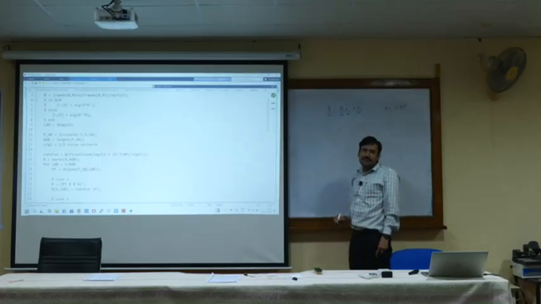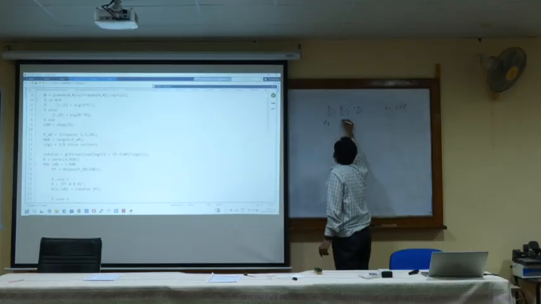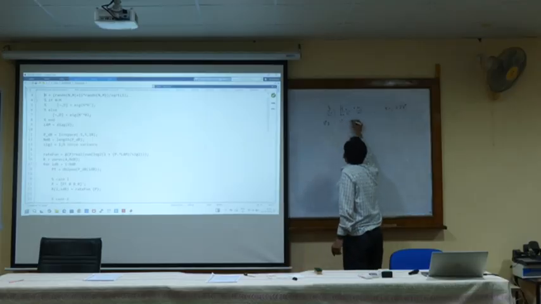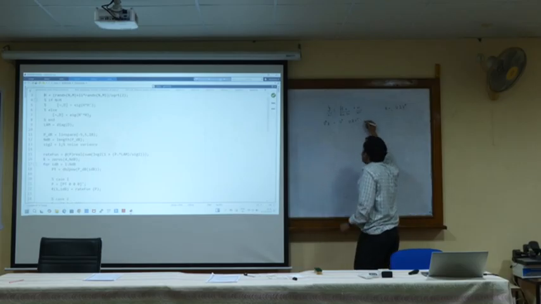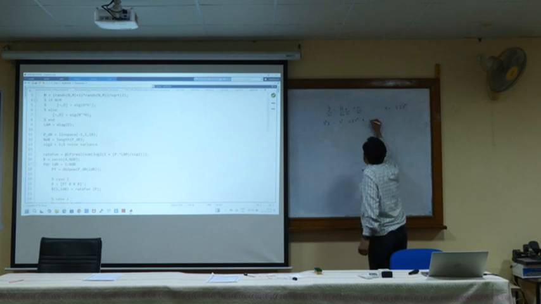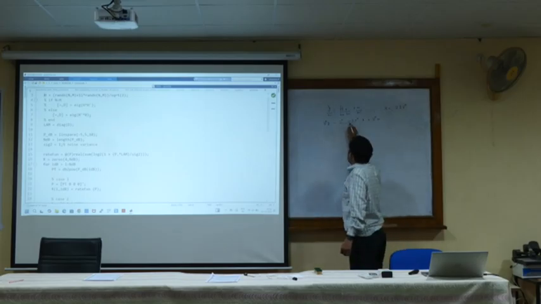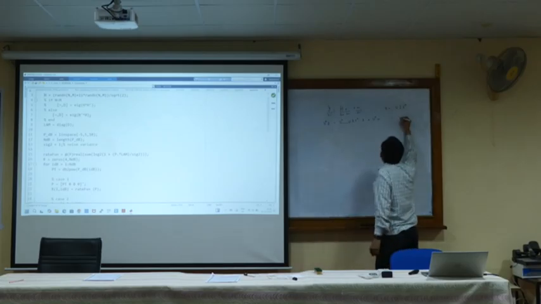If I multiply U Hermitian by y, what will I get? U Hermitian U sigma V Hermitian for H, then x, plus U Hermitian w. Note that U Hermitian U is identity and V Hermitian V is also identity.